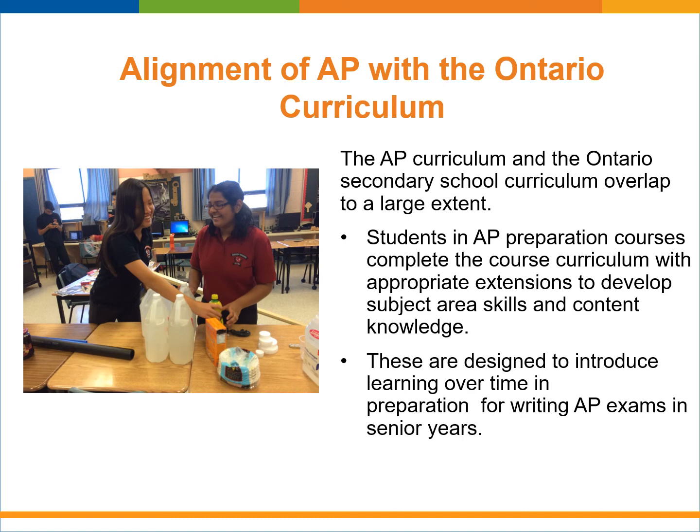And again, if we look at our chemistry and biology and physics programs for another example, if we look at our grade 11 and 12 chemistry programs, students will learn the Ontario curriculum and then also have units of AP content that they feel fit best with those content areas and that the students are prepared to learn in both grade 11 and 12, in order to get us to that goal of mastering and learning university content before leaving the high school environment.